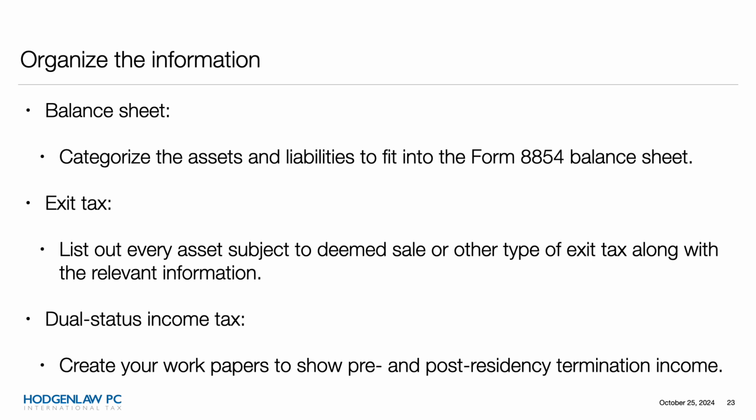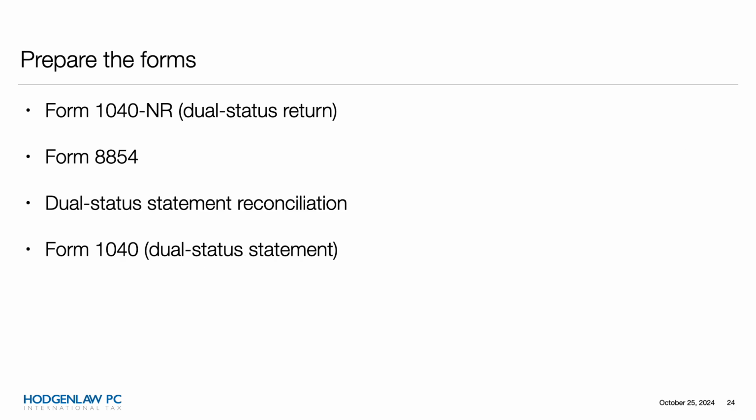Then for the dual status income tax, once you have your income information for the residency and non-resident portion of the year, you're going to create your work papers to show the pre- and post-residency termination income. Next, you're preparing the forms, or I should say lastly, you're preparing the forms.